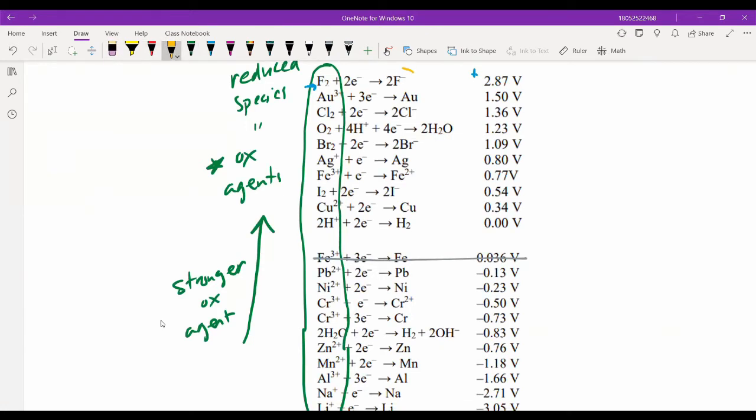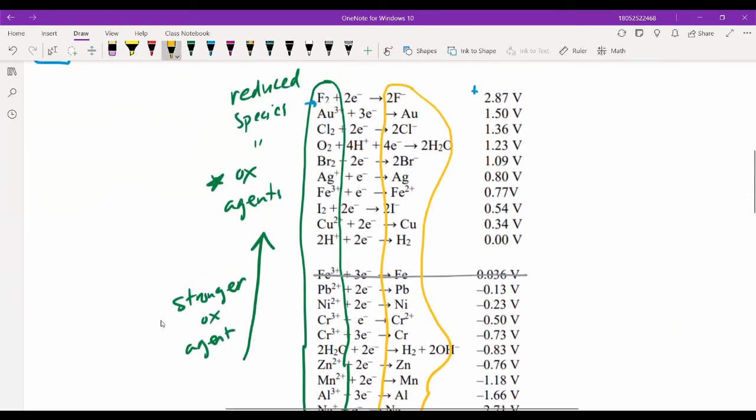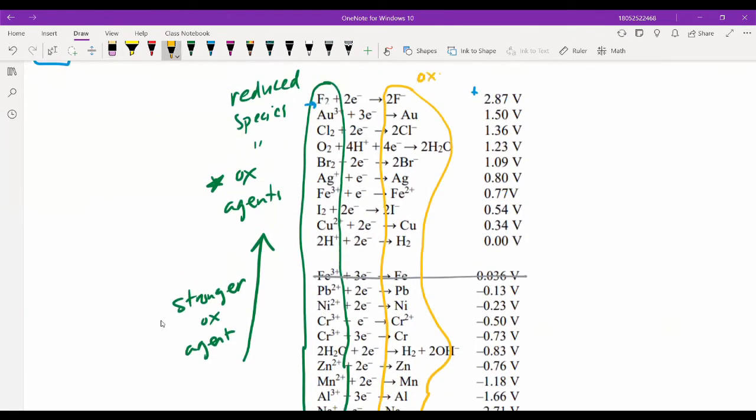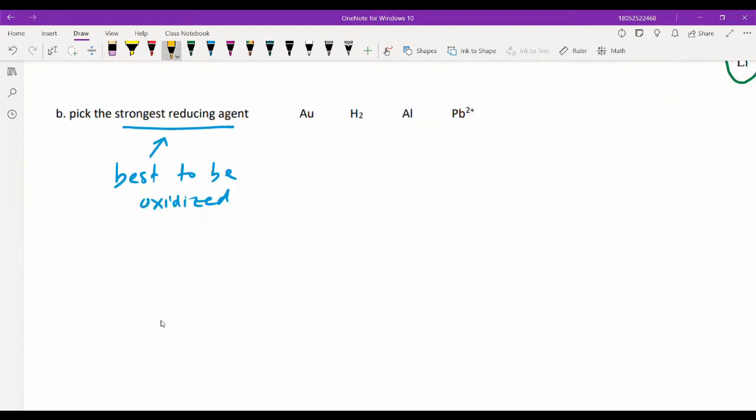So we'll make these orange. All these species here, right, are things that could be oxidized. And therefore, they're things that could be reducing agents. Reducing agents. All right, and so if I want to find a reducing agent, or find the strongest one, I'm going to look at these on the right side.